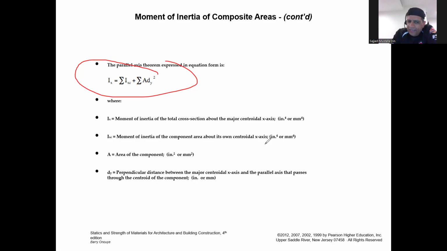And the area A is the area of the component, and dy is the perpendicular distance between the major centroidal x-axis and the parallel axis that passes through the centroid of the component. So it might not make sense right now, but it should make sense as we go along in the course.